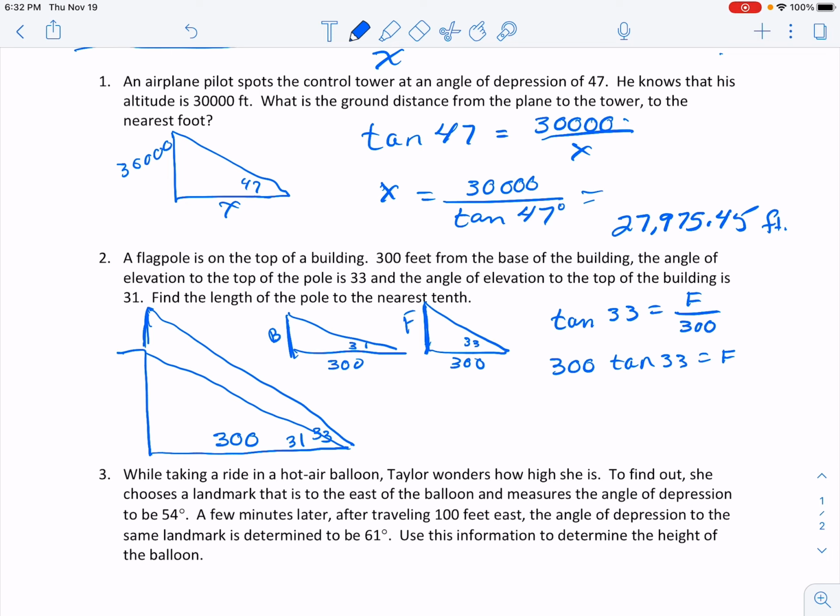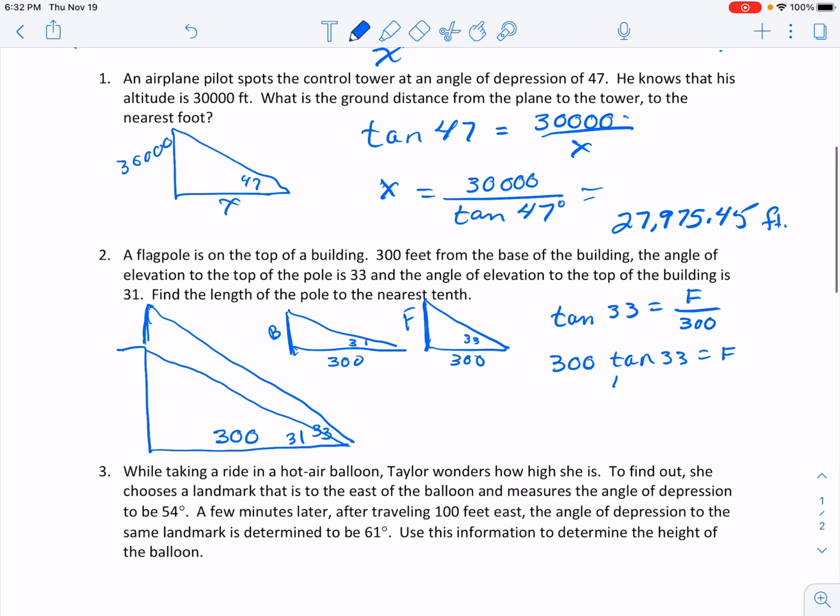It's 194.822. Then the tangent of 31 equals the building over 300. So 300 times the tangent of 31 equals B, which is 180.258. But if I write those down and then subtract them, I'm going to have rounding errors.